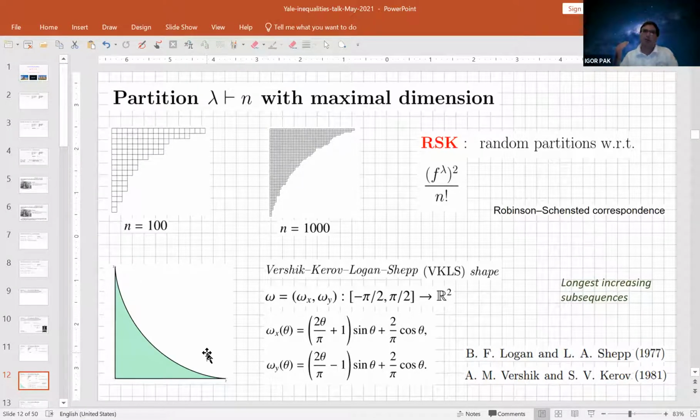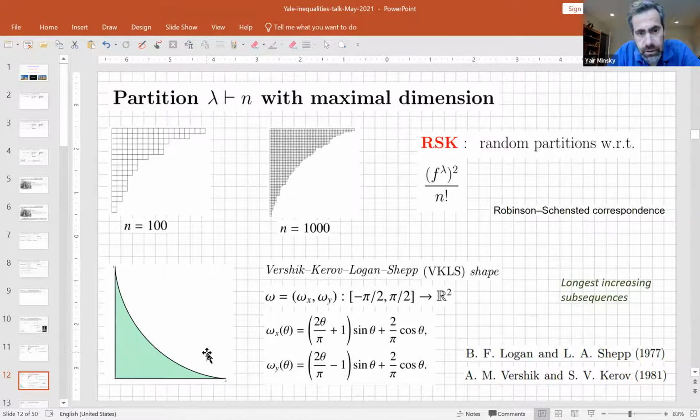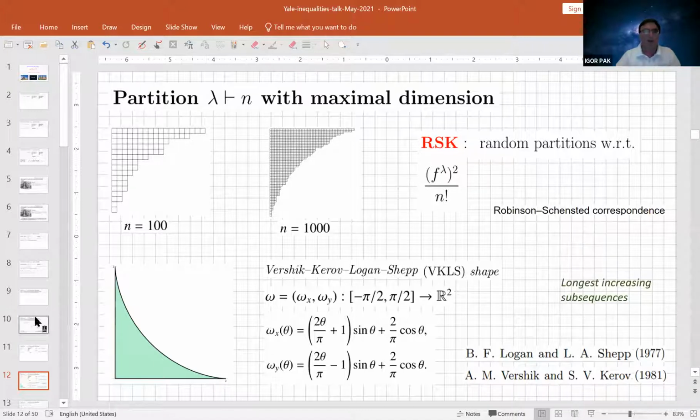So I'm sort of collapsing multiple theorems into one. So this gives you both upper and lower bounds in the end, or just lower bounds? For d of n? For the maximal dimension? For the maximal dimension, we already have upper and lower bounds.